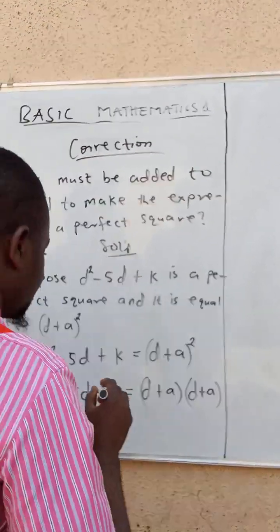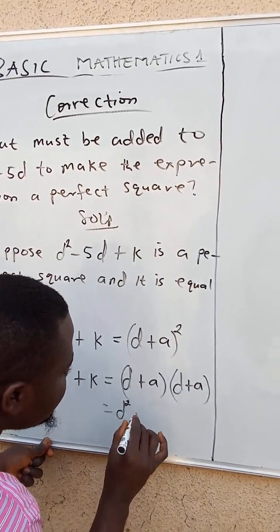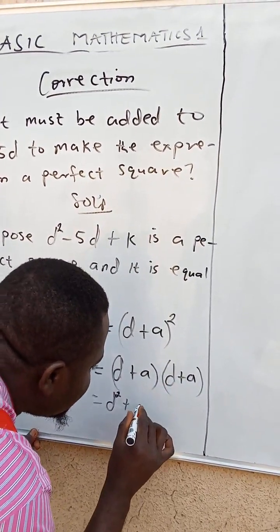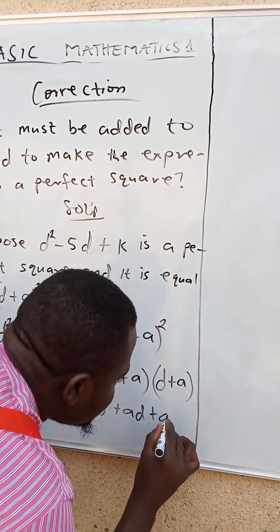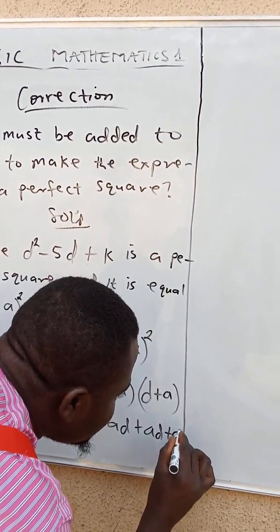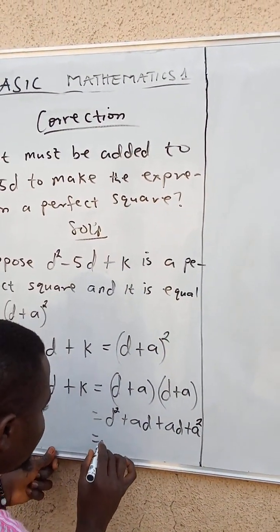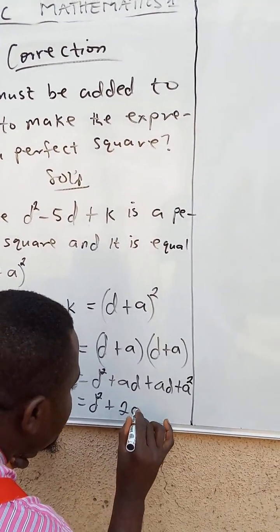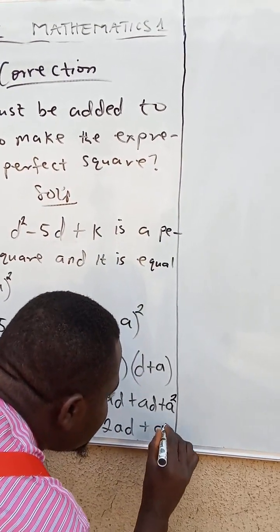Now, if you have this, you have some work to do. That is the same thing as d squared plus d times a is ad, a times d is ad, plus a times a is a squared. Good. Now that means we're having d squared plus 2ad plus a squared.